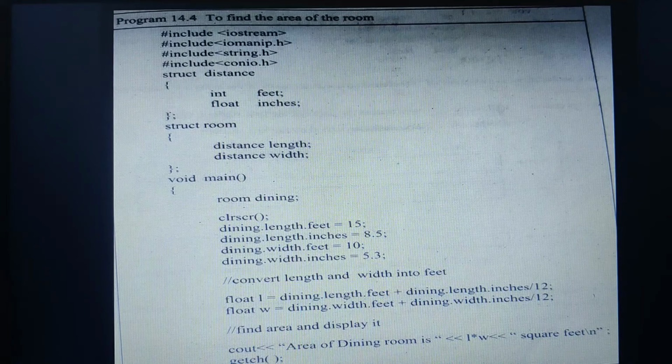In our last video class, we were discussing the nested structure. So what is a nested structure? A nested structure is a structure defined as a member of another structure. See here, distance is one of the members of a structure called room.